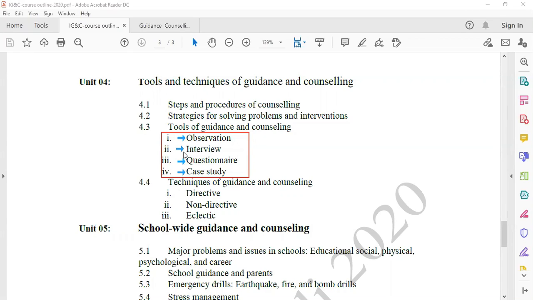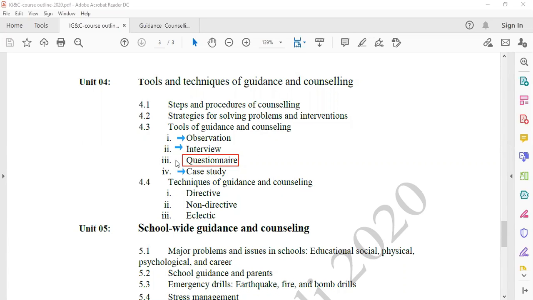Usually, a teacher relies on three tools in the classroom: observation, interview, and case study. As far as the questionnaire is concerned, when a teacher is conducting a classroom test, he administers a questionnaire to his students. That is basically a tool to collect information and to help them.